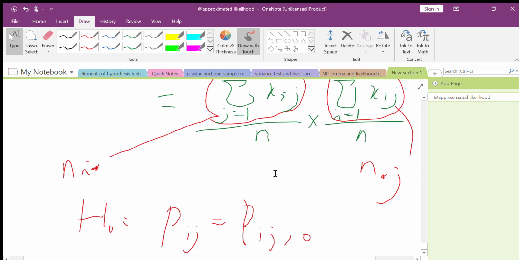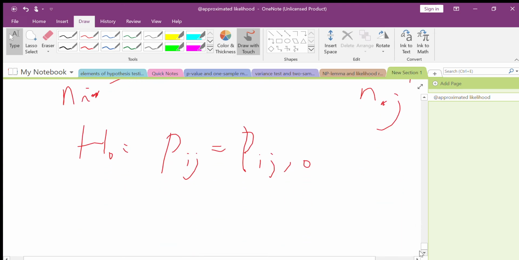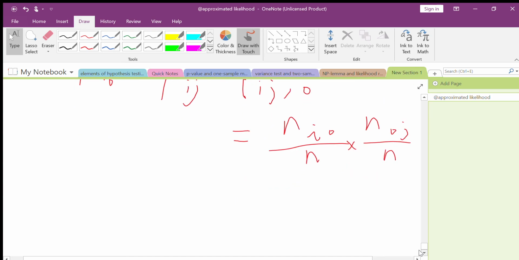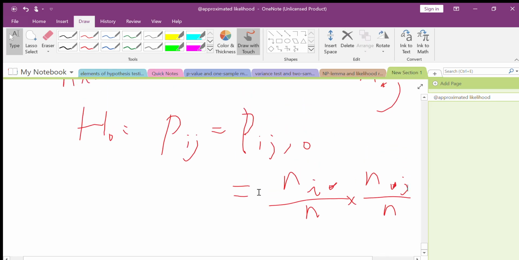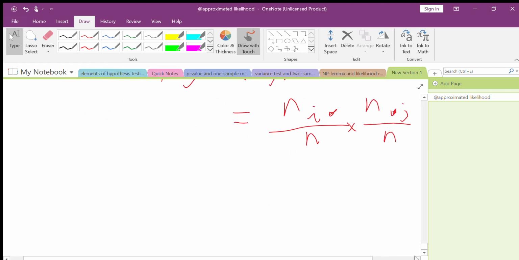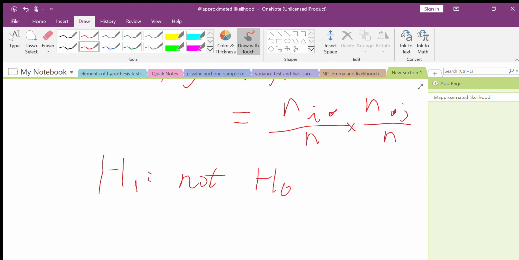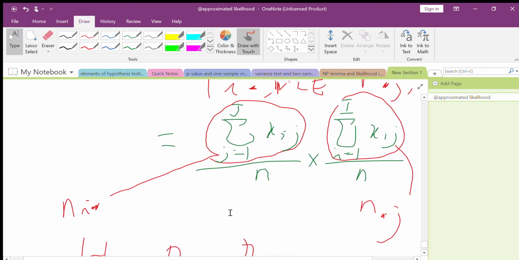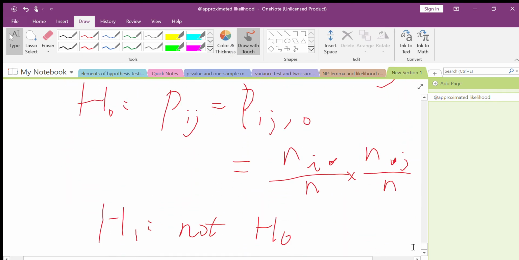It is ni dot divided by n times n dot j divided by n. H1 is not H null. So we have successfully translated our independence testing to chi-square testing.